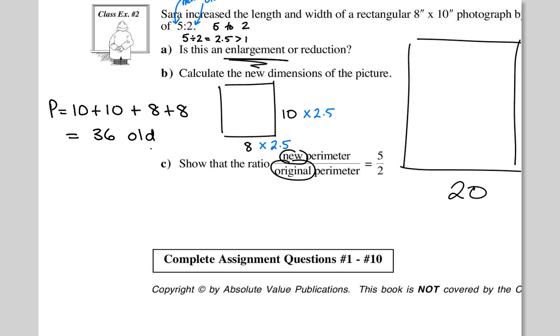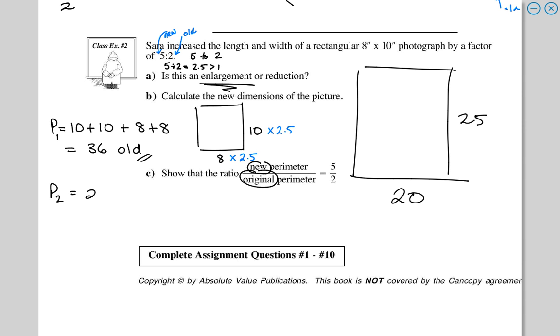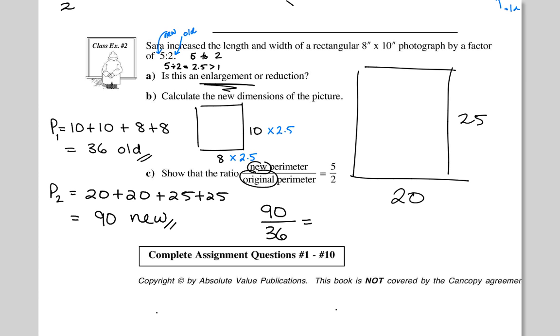This is the old, perimeter 1. Perimeter 2 is the new perimeter: 20 plus 20 and 25 plus 25. 20 plus 20 is 40, plus 50 is 90. We always do the ratio of new divided by old. Let's check that ratio, 90 divided by 36. Put that in your calculator, and you better get 2.5.